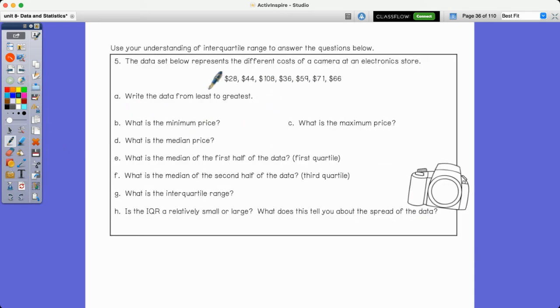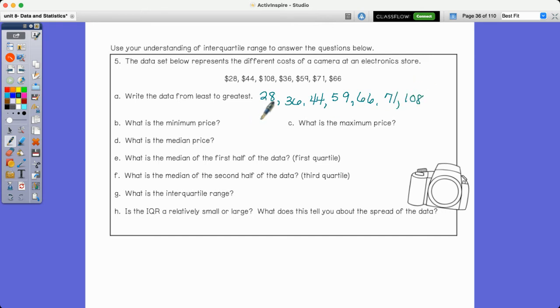Okay, so here is our data. We're going to order it from least to greatest first. That is the most important thing. So I have 28, 36, 44, 59, 66, 71, and 108.